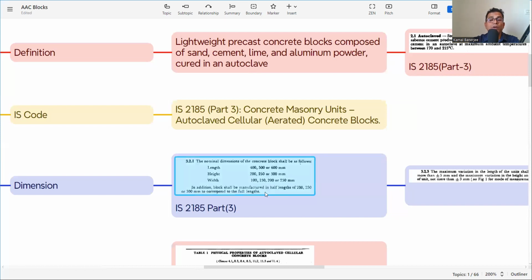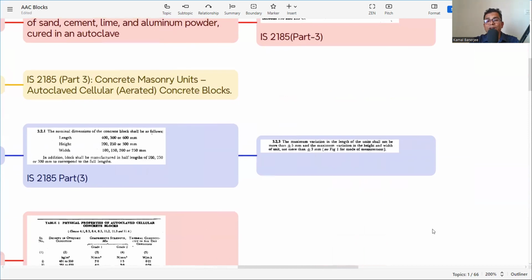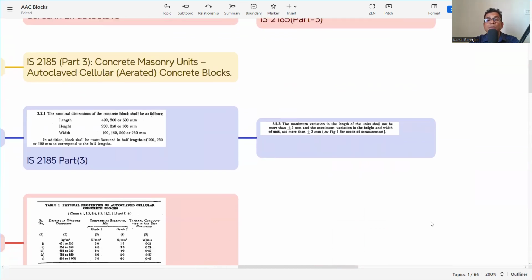Now these are the dimensions, but what is the dimensional tolerance? Whatever we are producing or making, there is a dimensional tolerance also. In the same code, clause number 3.2.3, the maximum variation of the length of the unit shall not be more than plus minus 5 mm, and the maximum variation in the height and width of the unit not more than plus minus 3 mm.